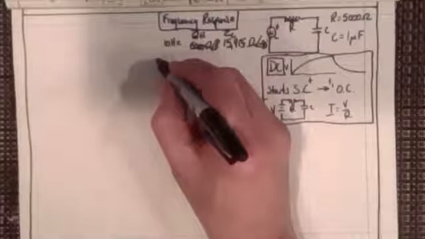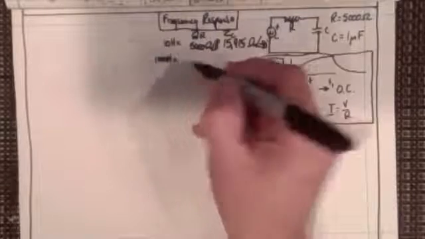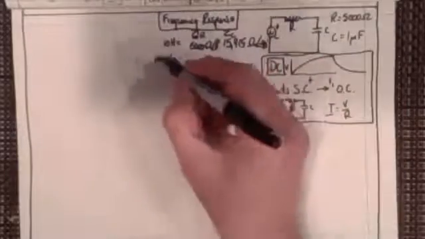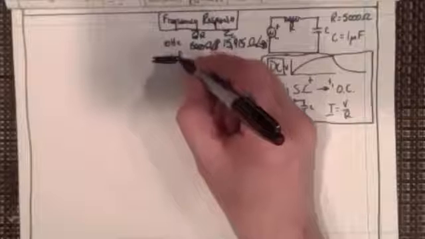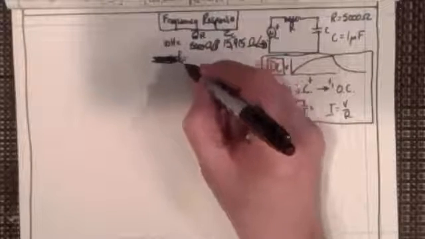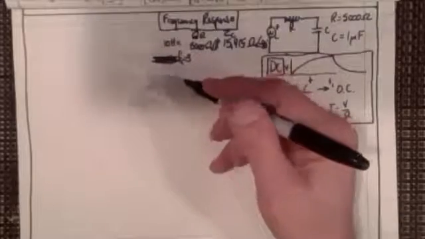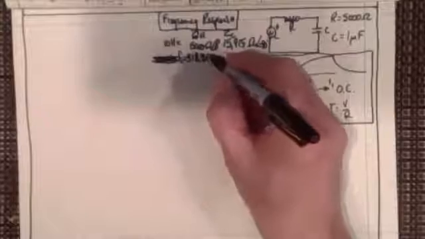Before we get to 1,000 hertz, let's go to our magic frequency. Our magic frequency was our cutoff frequency, which was 318.3 hertz.